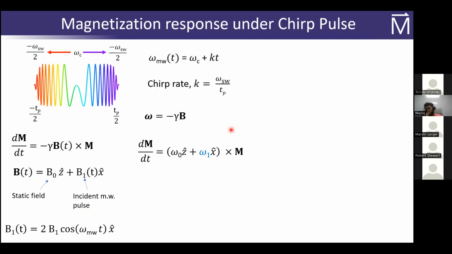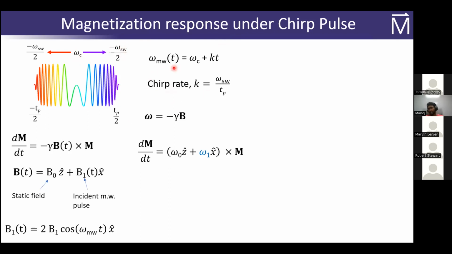Before moving on to the results of Fourier transform EPR, let me just briefly discuss the magnetization response under a chirp pulse. Let us consider a chirp pulse centered about omega c, having a width of omega SW, that's the sweep width, and a pulse length of TP.